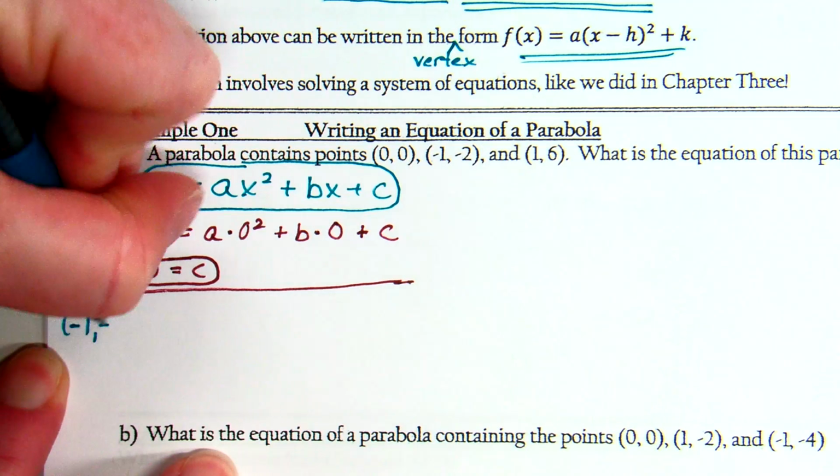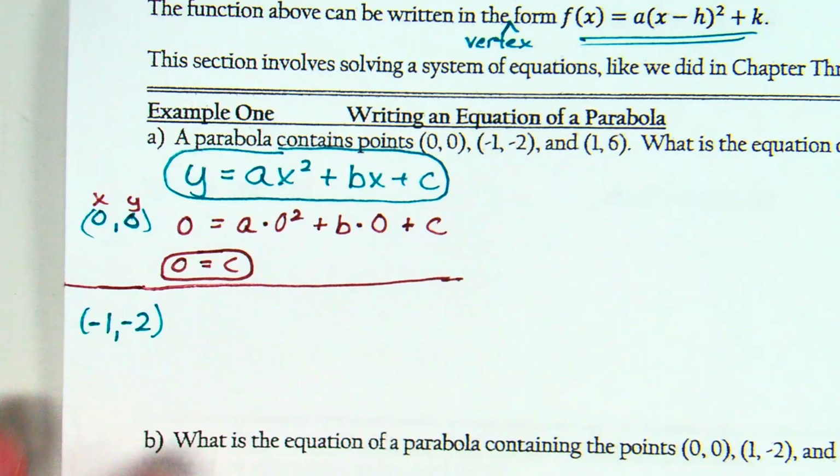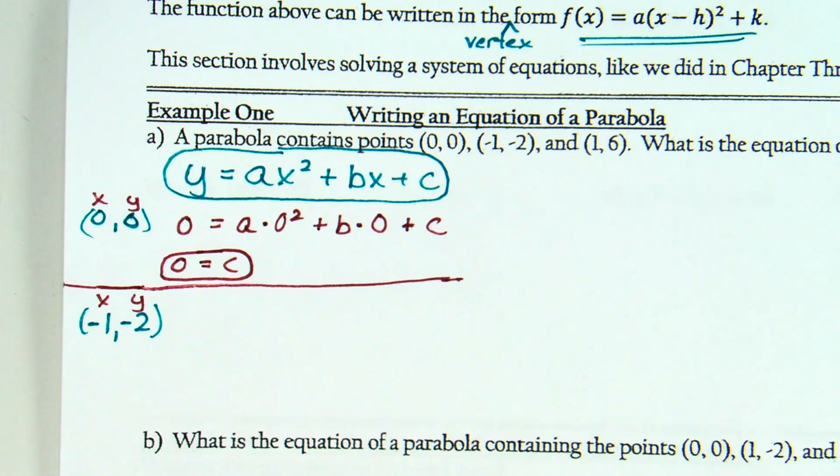Negative 1, negative 2. And the ordered pair (negative 1, negative 2) represents x, y. I'm even going to write it here, guys. X, y. So, every place I see an X, I'm putting in negative 1. Every place I see a Y, I'm putting in negative 2.